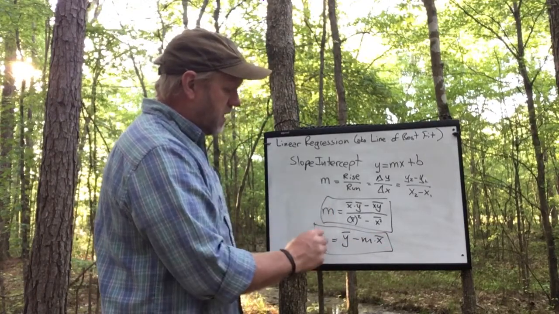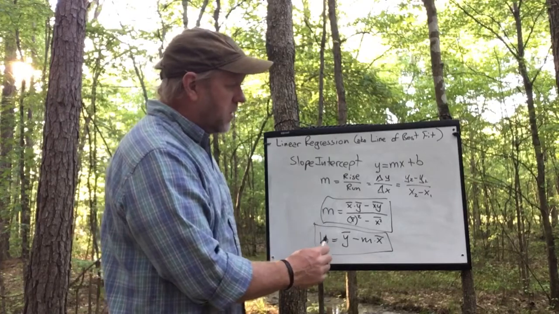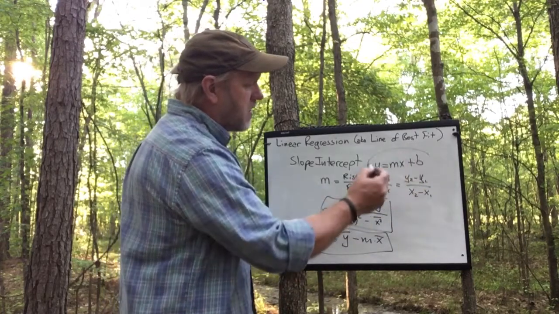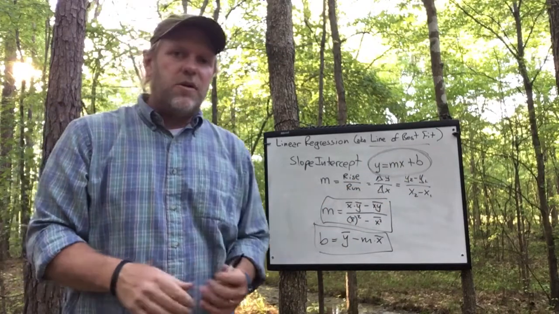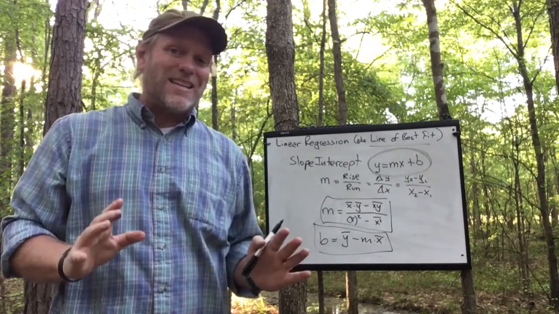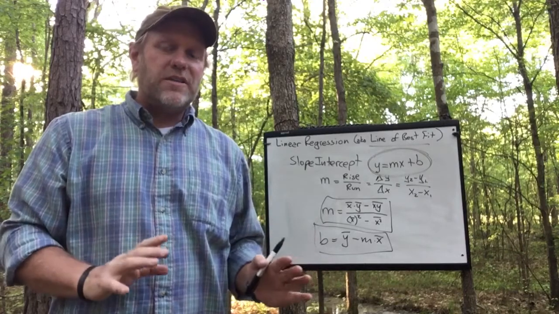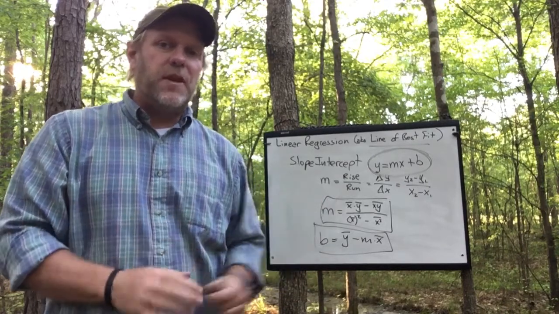our slope and our y-intercept, we can then create an equation for a line of best fit that's going to allow us to use the data that we collected on COVID-19 and how that relates to population densities.